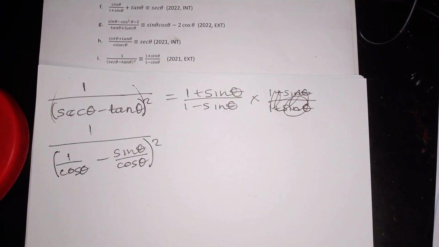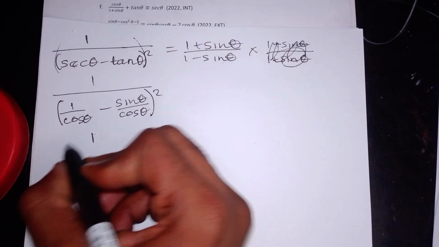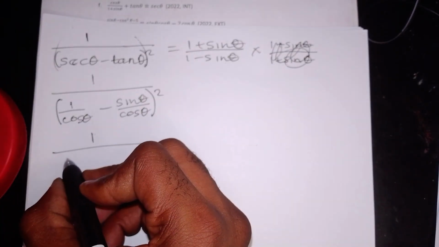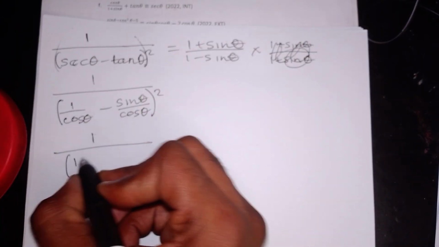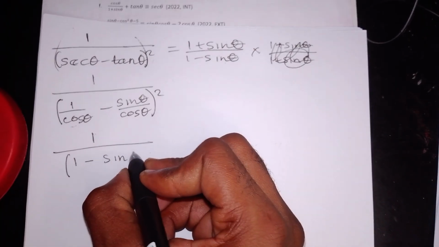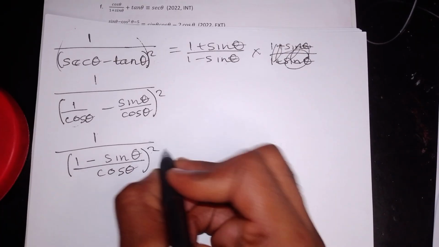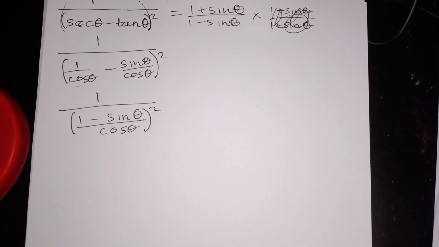Then we have a square like that. And then before you do anything, you can combine these two. So this one will be 1, since the denominators are the same, 1 over cos theta, and then you square it like that.